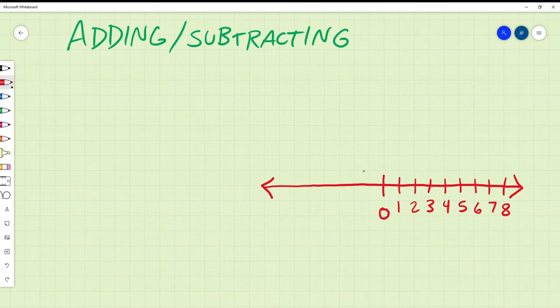Then to the left of 0, we have all of our negative numbers. And the further they get away from 0, the larger the value. So again, right here next to 0, we have negative 1, but if you move left, now we have negative 2, negative 3, negative 4, negative 5.